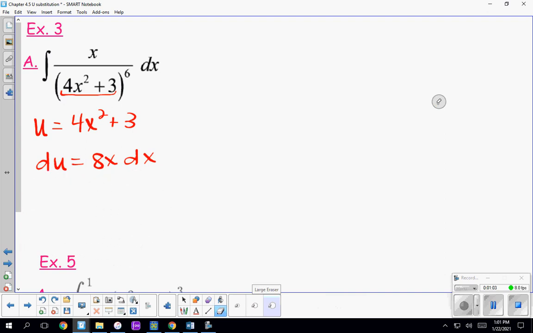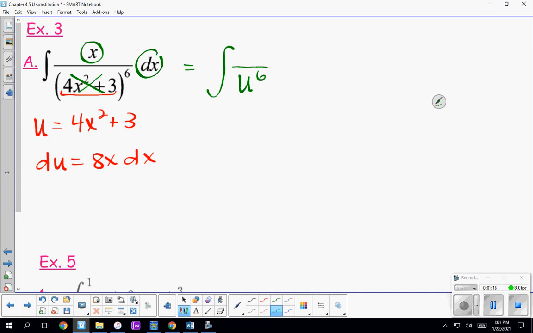Now we're going to make our substitution. First we plug in u, so that goes away, and we then have a u to the 6th power in the denominator. We still have an x and a dx that need replacing, and we have part of it here. We need to get rid of the 8, and remember, since this is an equation, I can use inverse operations to isolate that x dx.